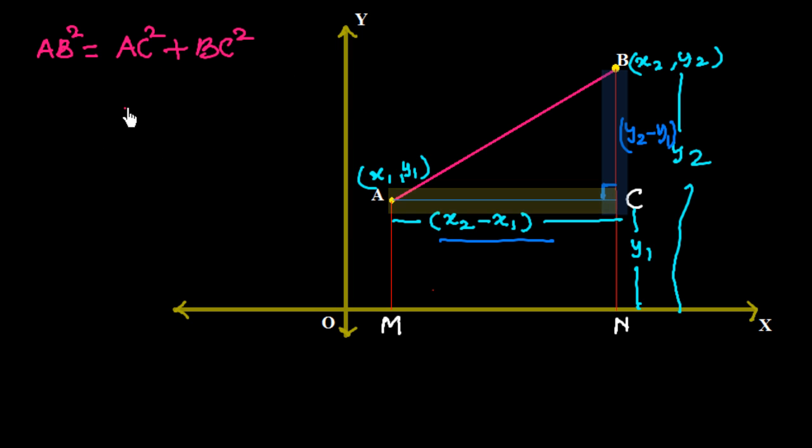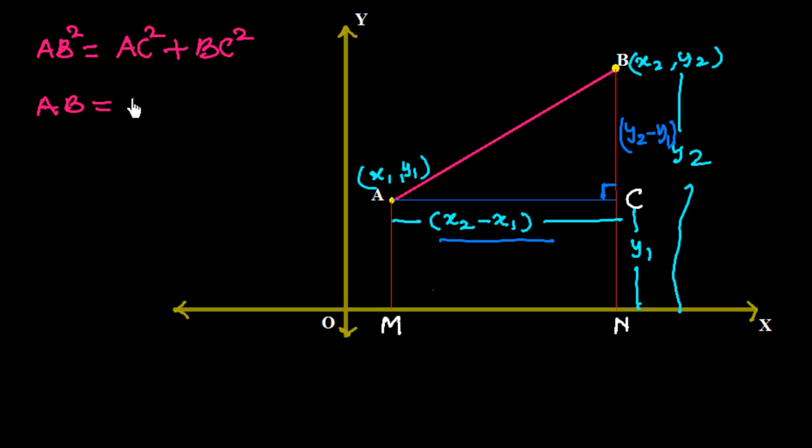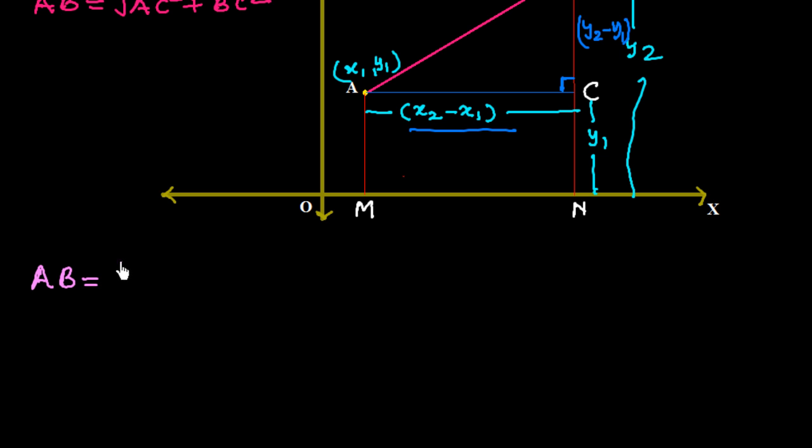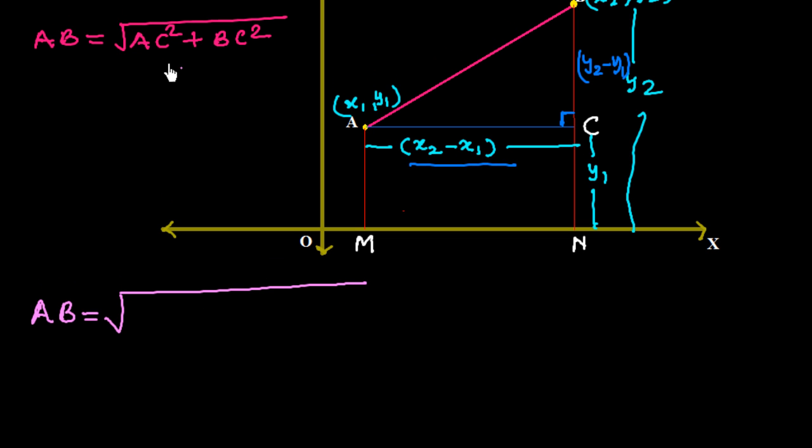Now if we have to find AB only, we take the square root of both sides. The square root of AB square is AB, and we put the square root sign over the right side. Now we put down the values. Below this figure, AB is equal to square root of AC square plus BC square.